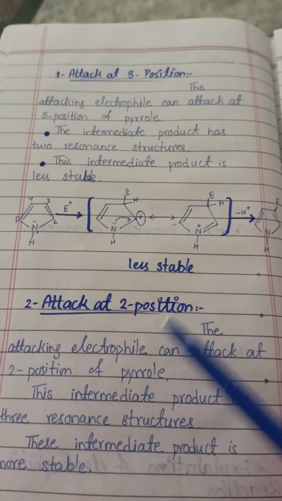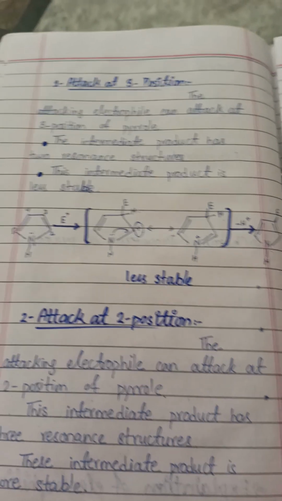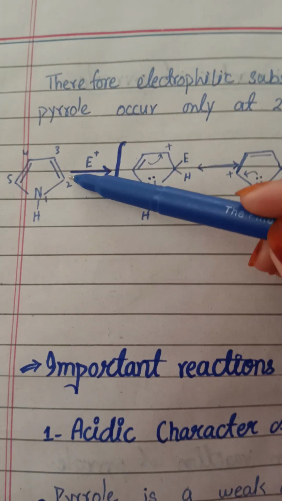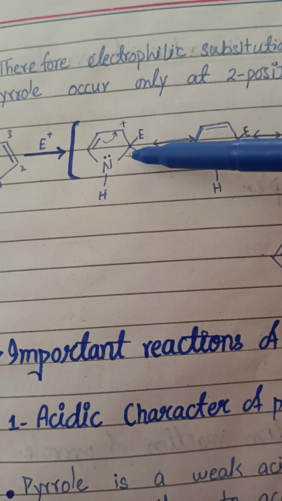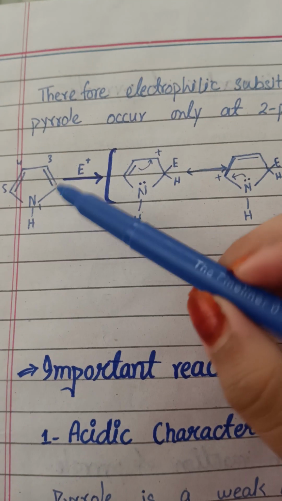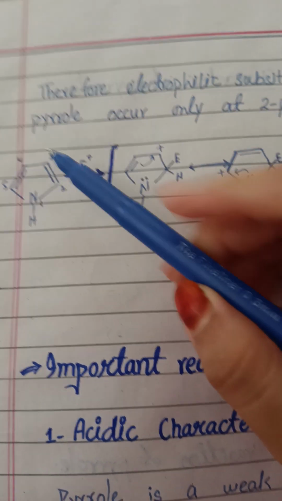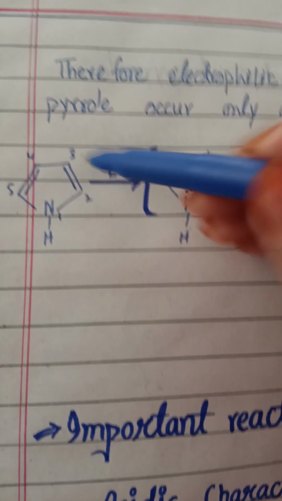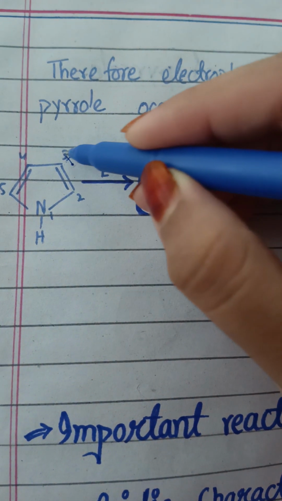When attack occurs at the two position, the electrophile attacks, and the intermediate products are three, which are more stable. First of all, this electrophile attacks at the two position, and this bond breaks, you can see there. Because this bond breaks, the positive charge occurs at the three position here.